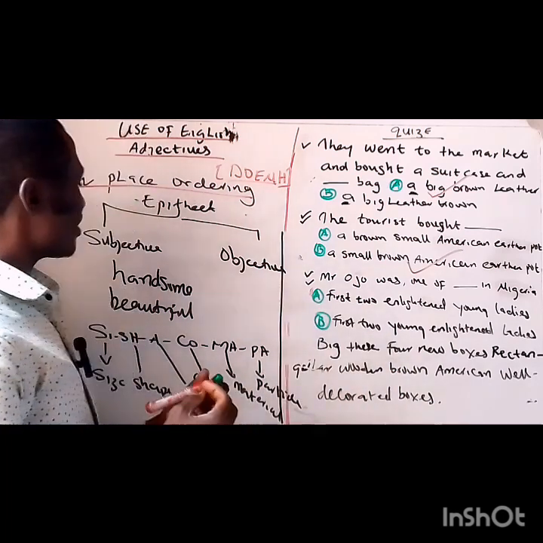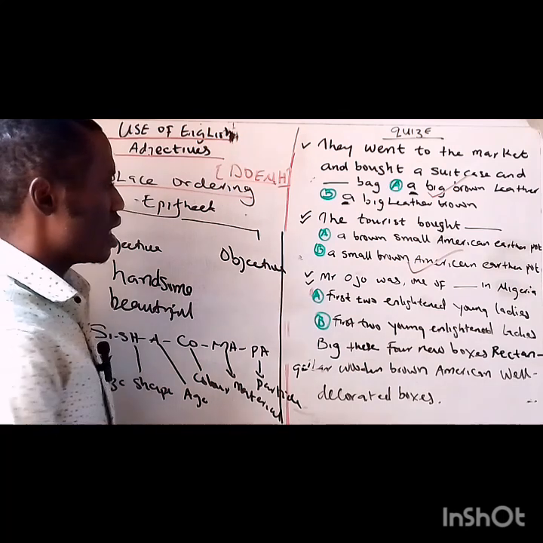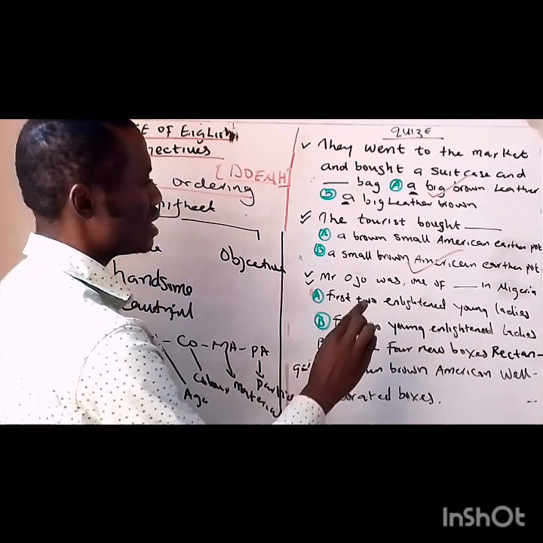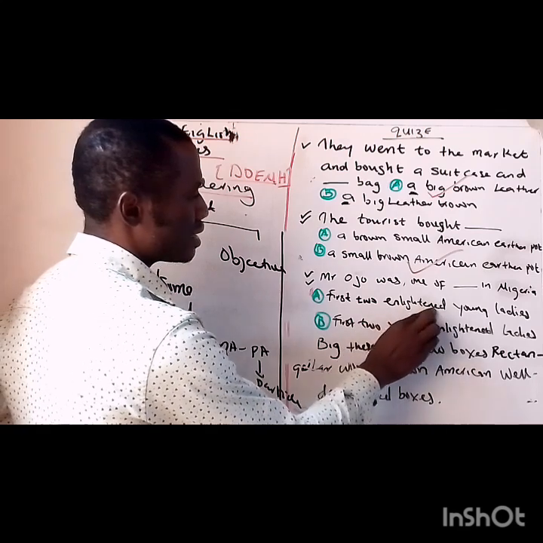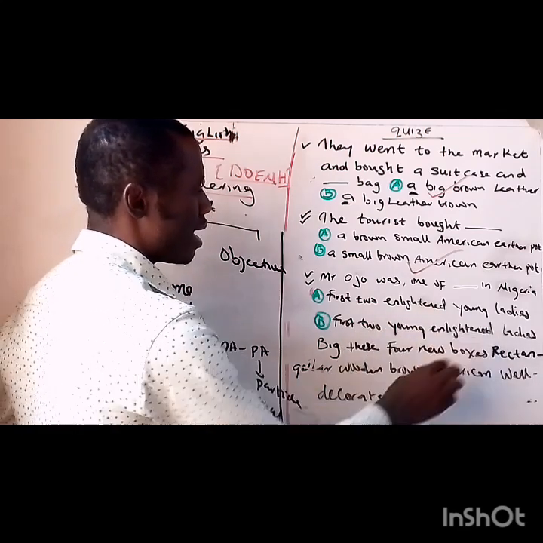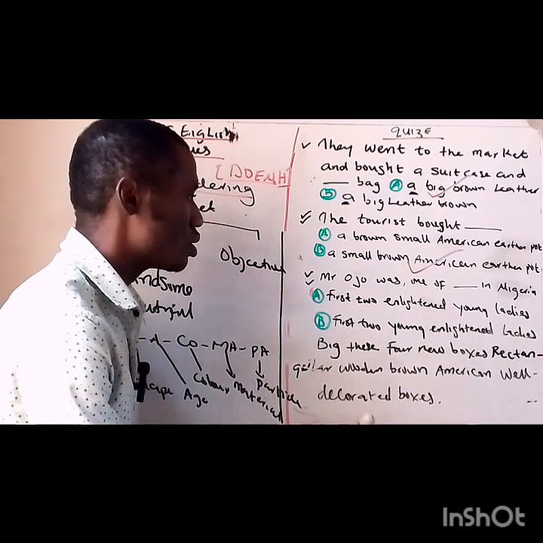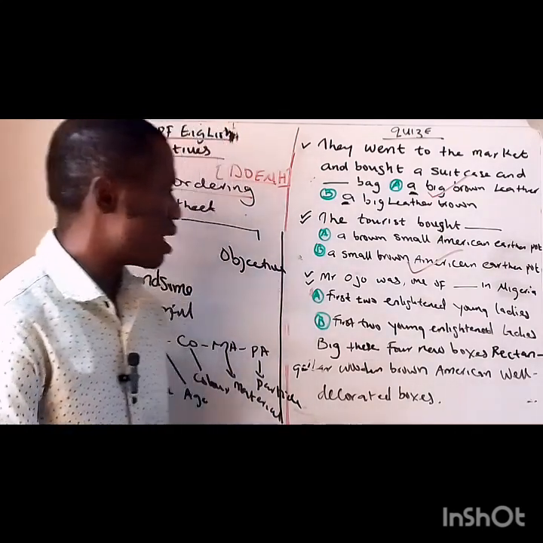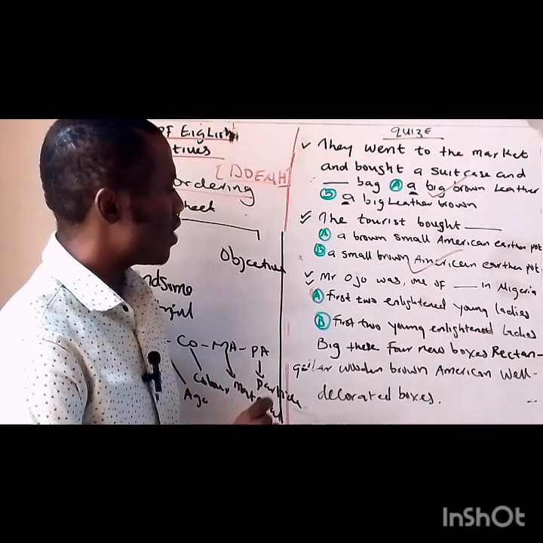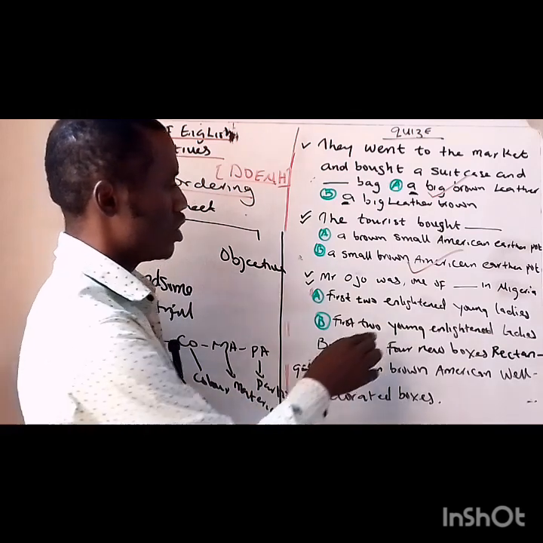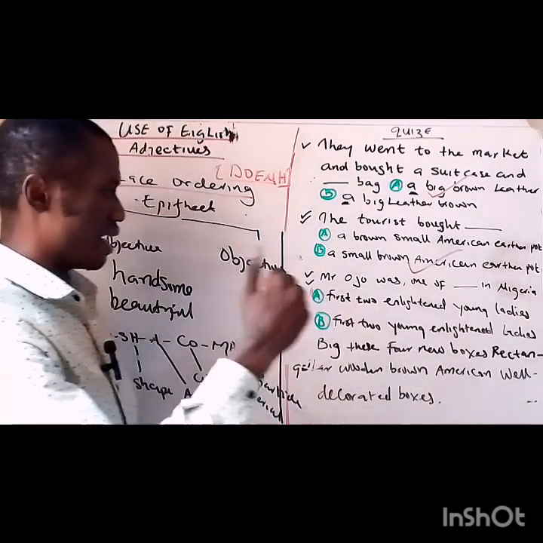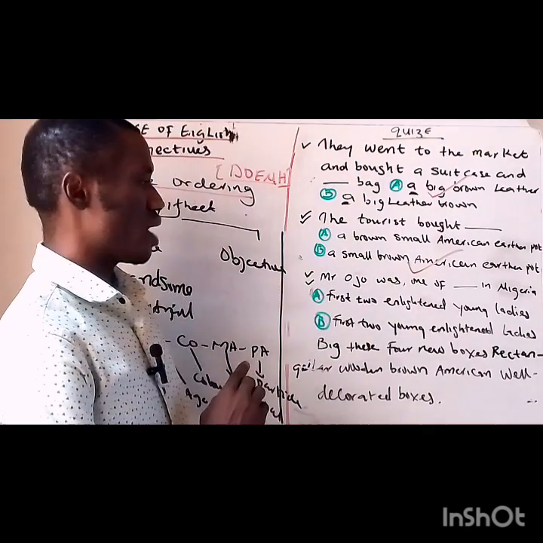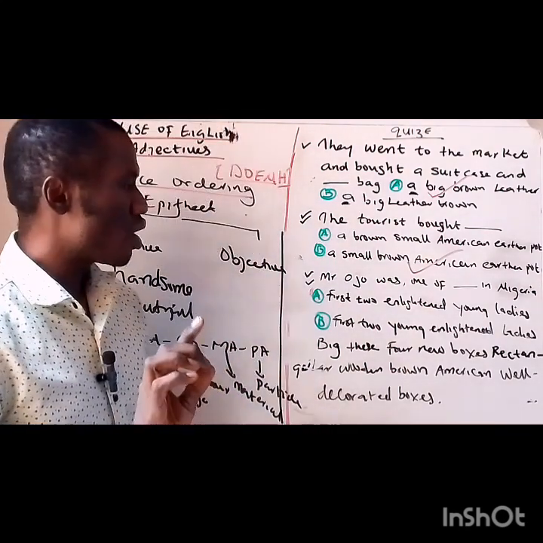All right. In that perspective, the first arrangement is correct. But the next arrangement that we're going to look at is enlightened young. Young enlightened. Which one should come first? Well, if you look at that sentence, you'll find out that if you say young, which is the age of the individual that has been described, you will not be correct.